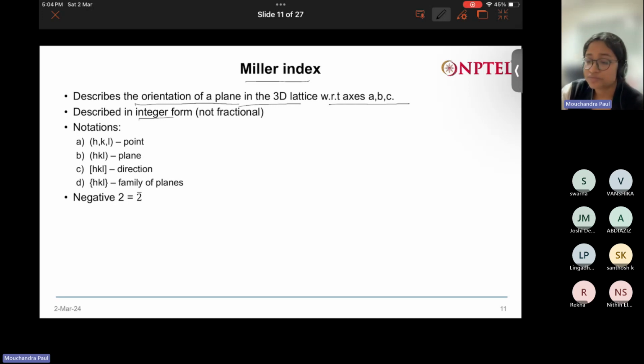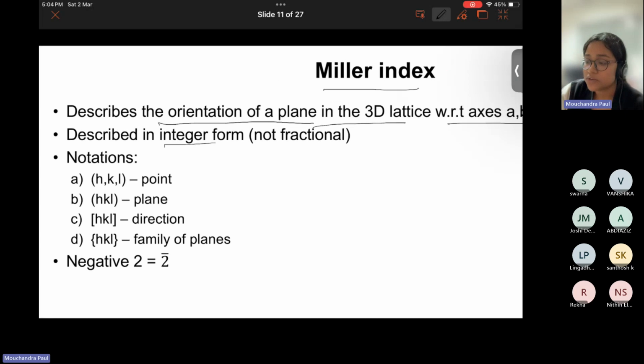Then the notation, how you represent Miller index. H, K, L are integer values, in the X, Y, and Z directions. When we write H, comma K, comma L enclosed within round brackets, that represents a point.